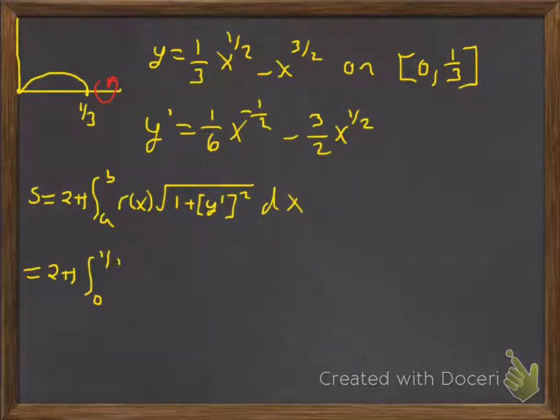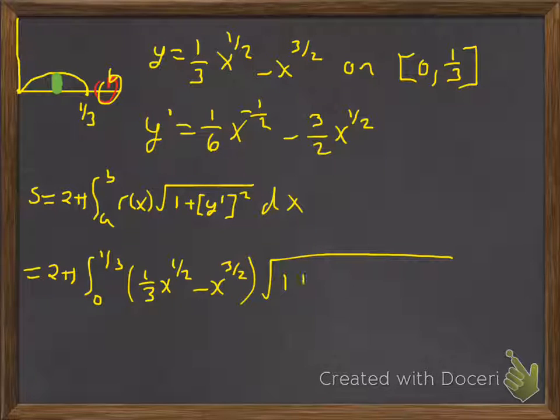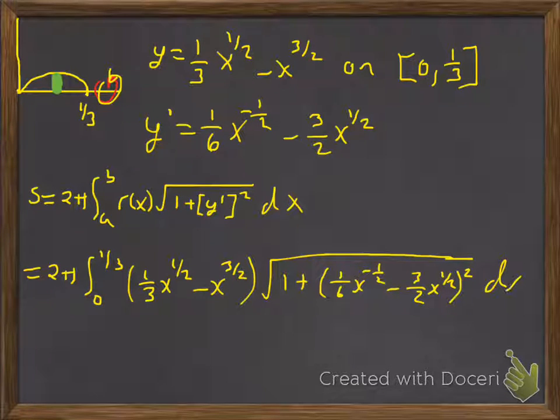So here we put in our radius, or distance from our function to the axis of rotation, which is just the function this time. And then we have this stuff going on in the radicand here, and that's what we worked out on the previous slide.